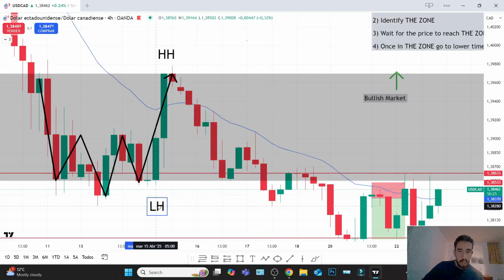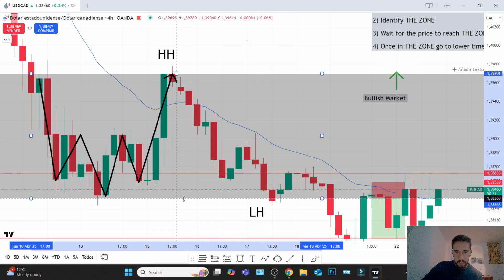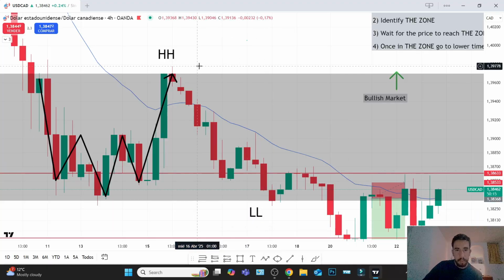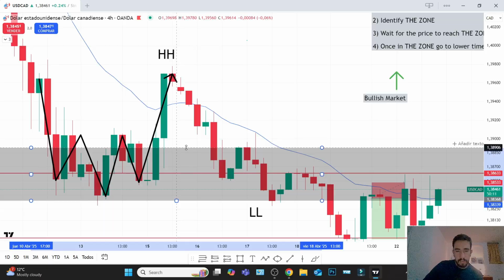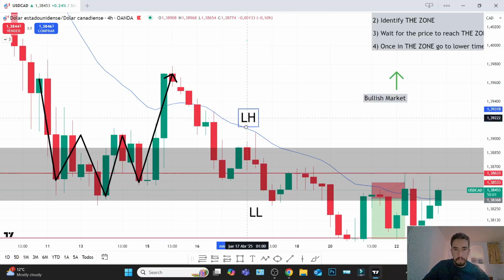It breaks under, so it means that now the market goes here. This will be a lower low, because now we're going bearish again, and the top of the last green point will be the lower high, because now we're going bearish.